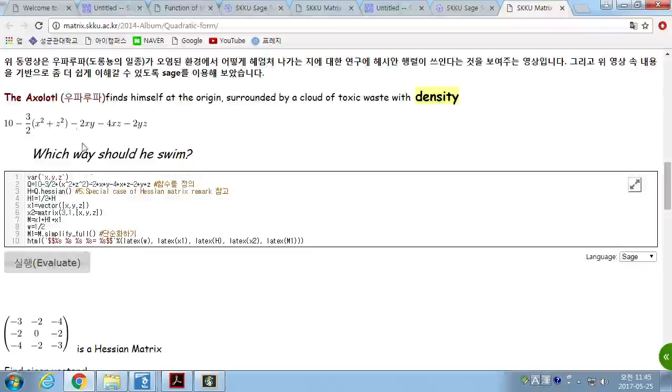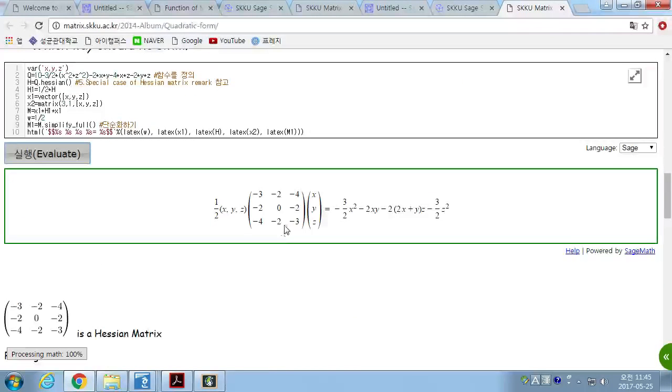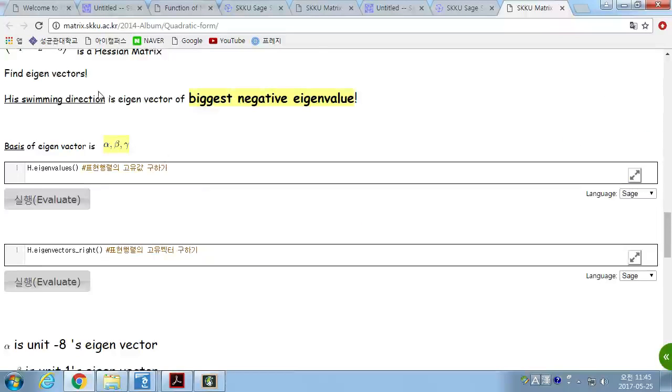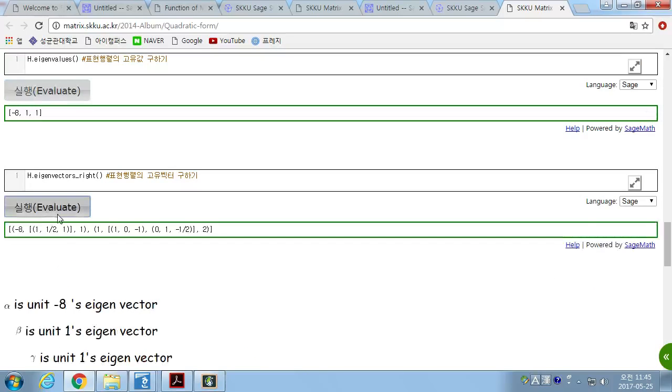But here, as you see, if you have these quadratic equations, then you can find the quadratic form of this, like this, with matrix A. With this matrix, you can find the eigenvalues, and you can find the eigenvectors.